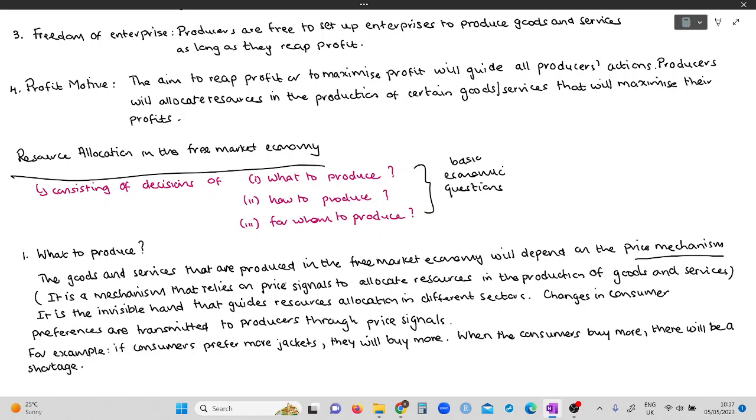Une pénurie, peut-être un manque. Le marché peut avoir un manque. There will be a shortage. Maintenant, qu'est-ce qui se passe?